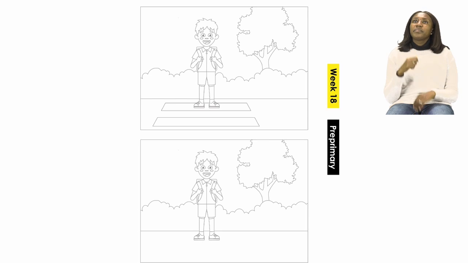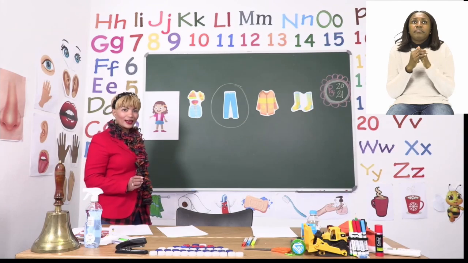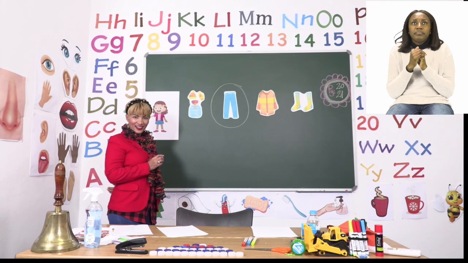So, if you have to choose which picture is the correct picture when crossing the road, I want you to make a little cross in the corner of this picture. Now, I am going to show you on the board what a cross looks like, just in case.